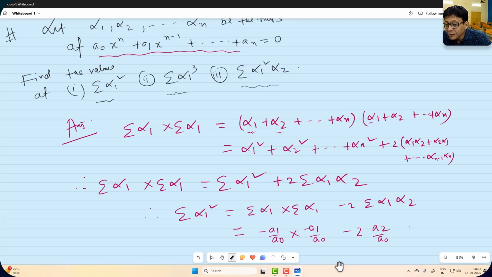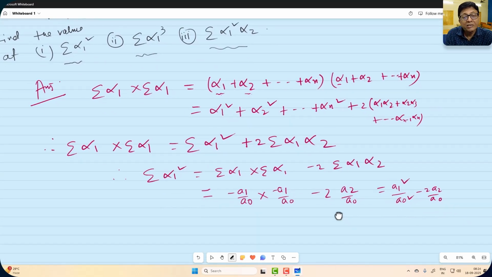Hope you have understood. a1 square by a0 square minus 2a2 by a0. Finally, sigma alpha 1 square is going to be a1 square minus 2a2 a0 by a0 square.